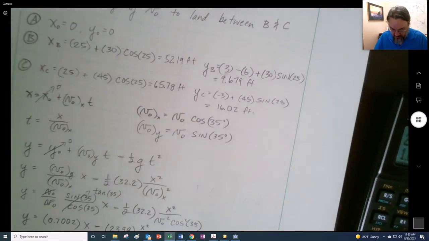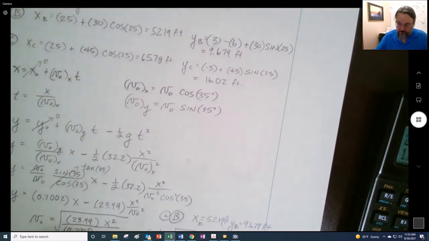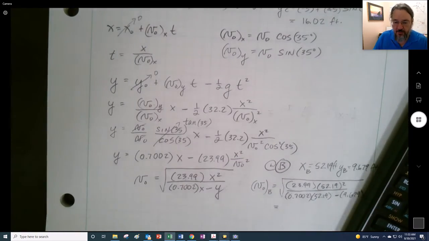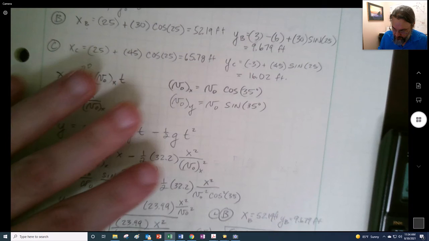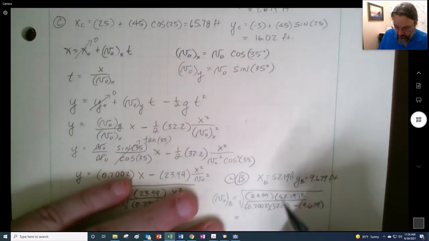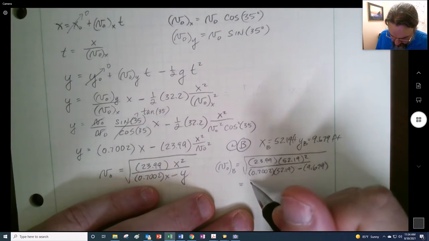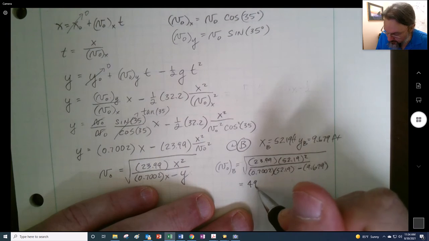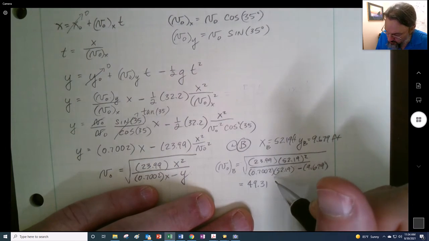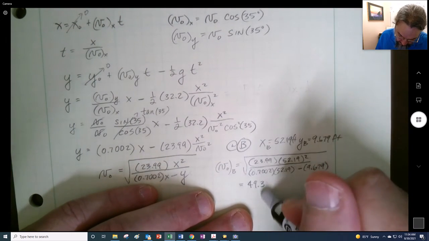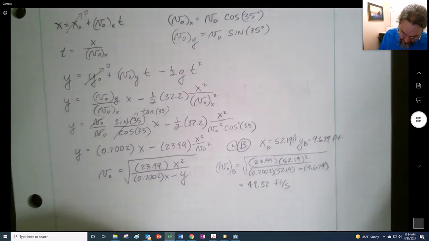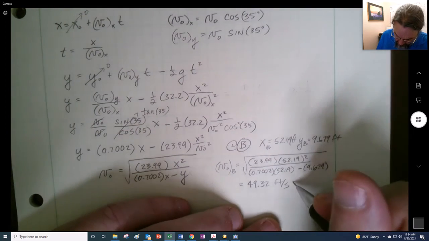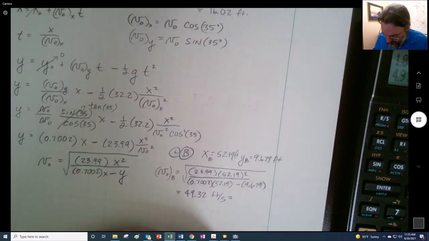I'm not feeling good about that. All right, let me see here. Let me do this again. Maybe I gotta pause the recording. Yeah, I just plugged it into the calculator wrong. So this is 49.3132 feet per second, and we can multiply by 3,600.